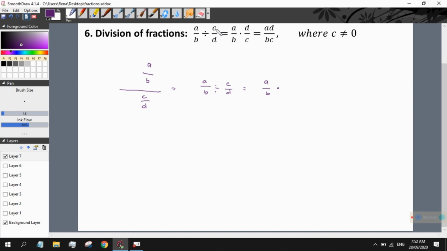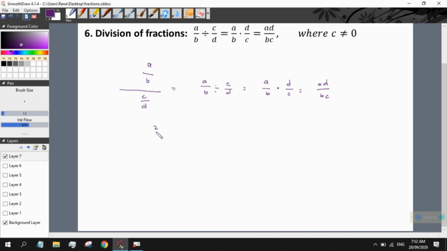So, you just flip your divisor, the C over D. Instead of C over D, you are going to have D over C. And then proceed with multiplication. You have AD over BC. That's how easy it is.